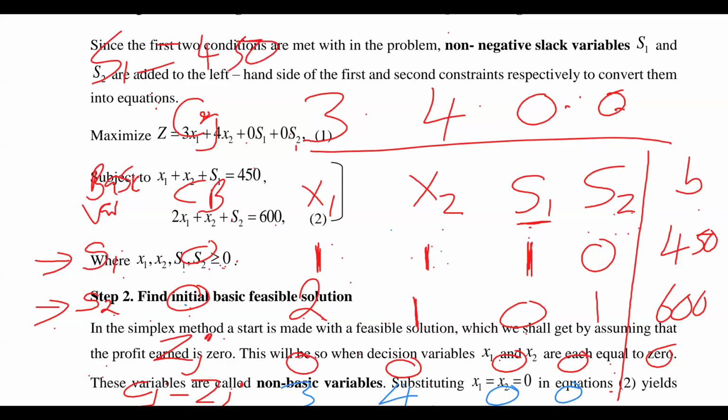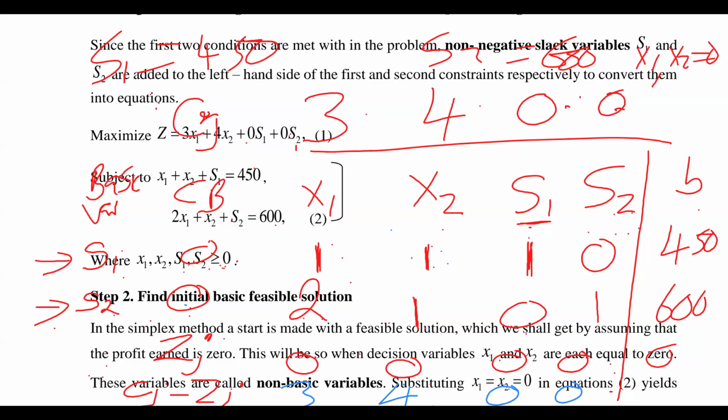Then S2 is equal to 600. X1 and X2 are zeros. We haven't found them, so it means X1 and X2 are all equal to 0. Are you seeing now the issue?